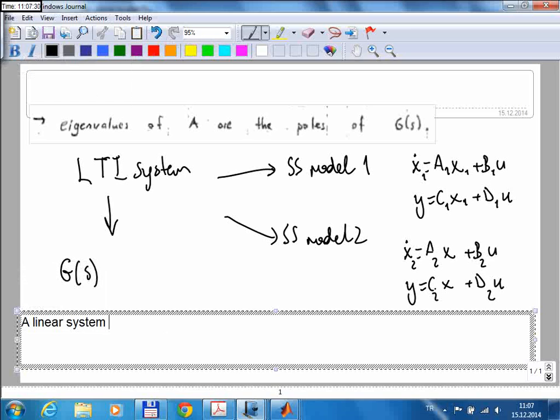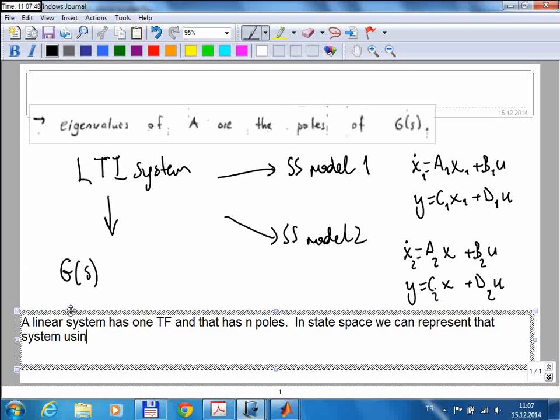A linear system has one transfer function, and that has n poles. In state space, we can represent that system using many different state definitions.